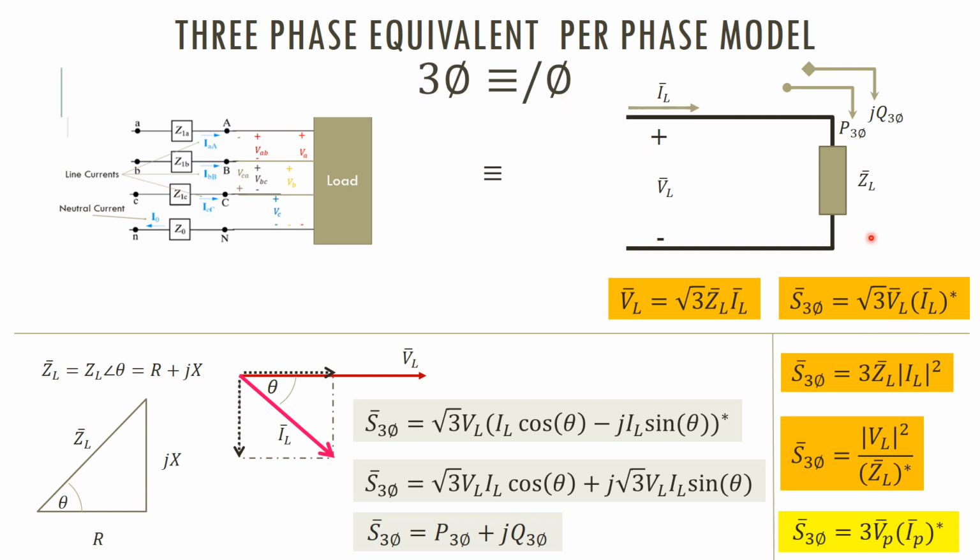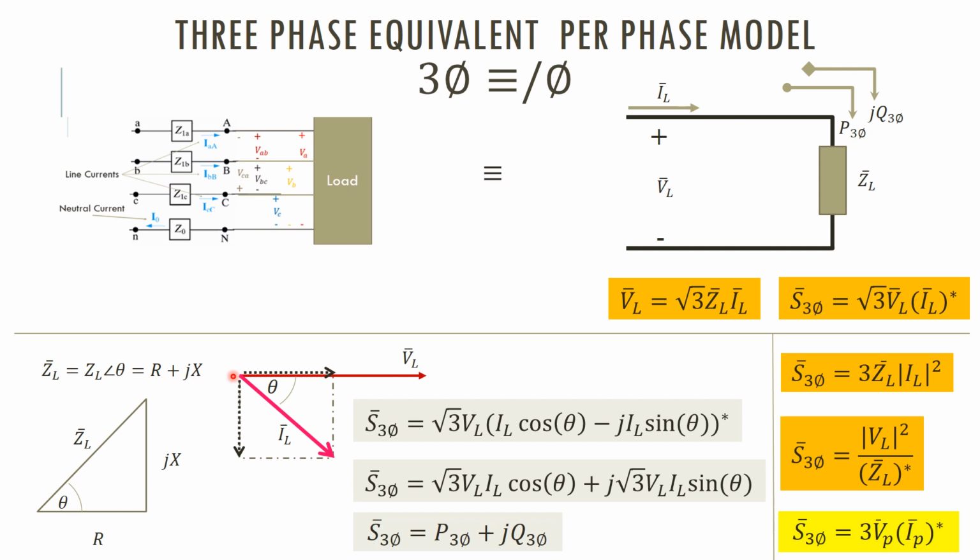So that's why this root 3 comes here, right? Inside this equation you may have different sets of equations. You can try to do it yourself, so you can reduce it into these equations, right?